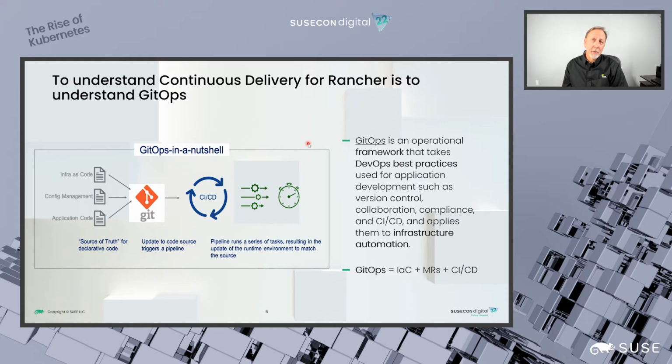Let's leverage some of those best practices that have worked so well on the application side and leverage that for the infrastructure. So you'll notice in our graphic image, I can have my infrastructure as code, so things that are dealing with the infrastructure, and also things that are dealing with config management or that application that we built using the CI/CD pipeline.